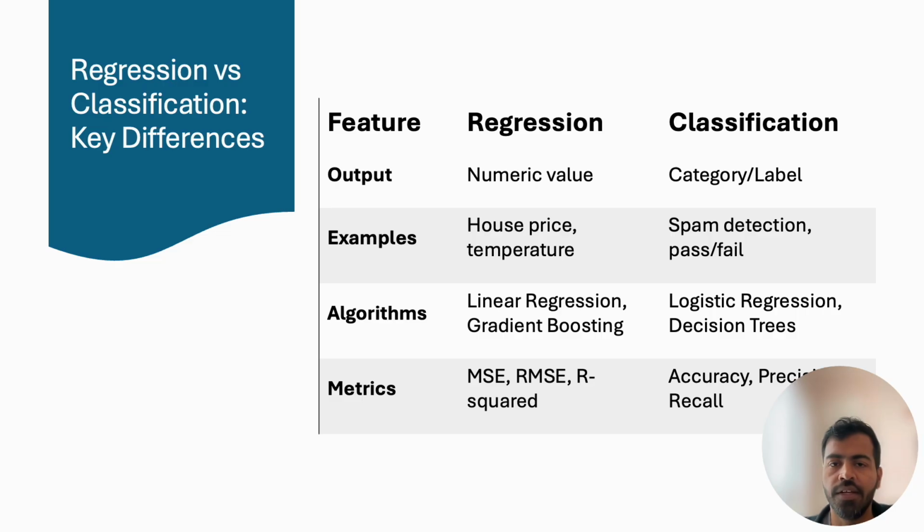Classification, on the other hand, predicts discrete categories, which is essential for decision-making scenarios like fraud detection or sentiment analysis. The choice between these two depends entirely on the nature of the output variable. Real-world examples include: predicting house price will be regression, predicting whether an email is spam will be classification, predicting customer churn yes or no will be classification, and predicting monthly revenue will be regression.